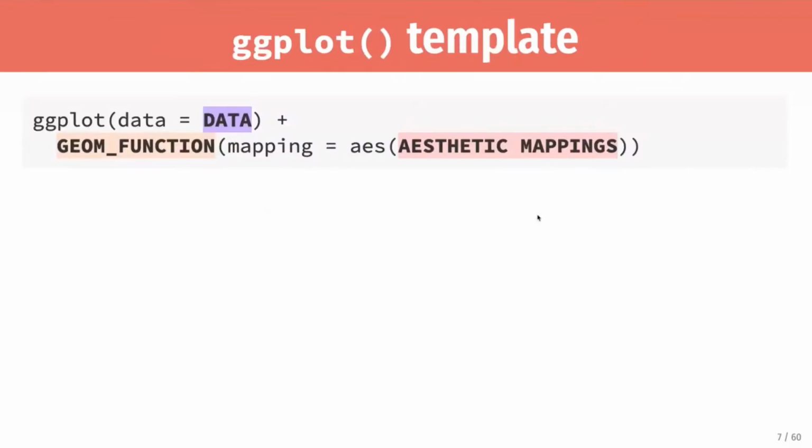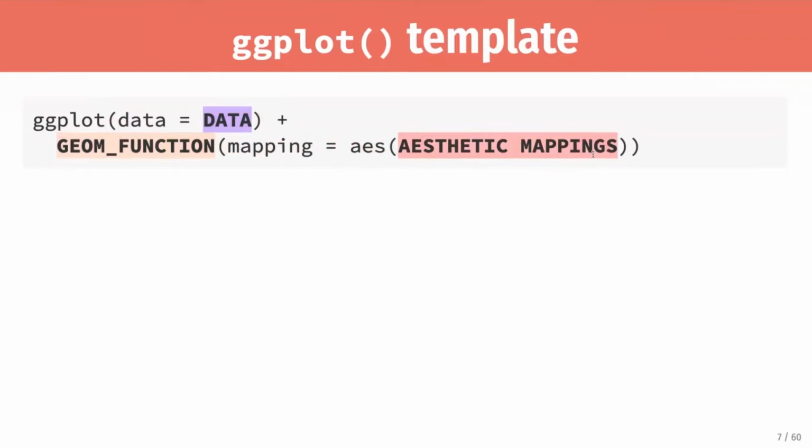So the general template for using ggplot, and you'll get lots of experience with this, is generally what you do in R. You use the ggplot function, you feed a data set into ggplot that has a whole bunch of columns in it, and then you use different functions after it using the plus sign here, and you can layer multiple functions on, where you say, I want specific aesthetics in the graph mapped to specific columns.